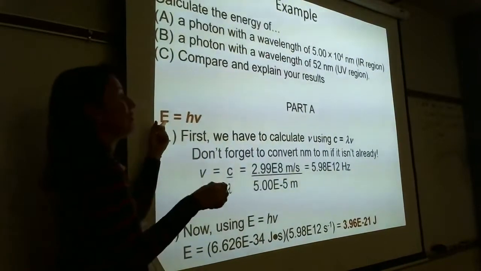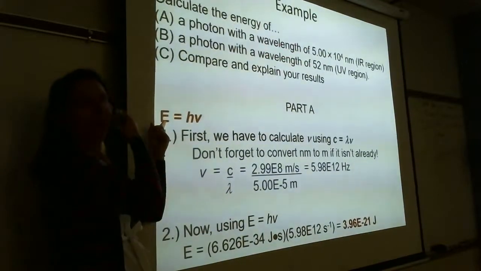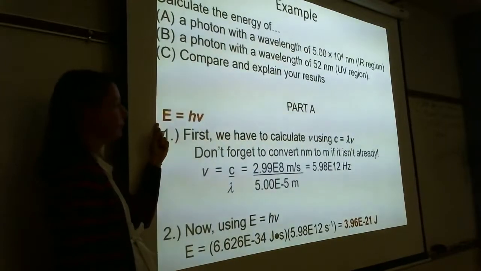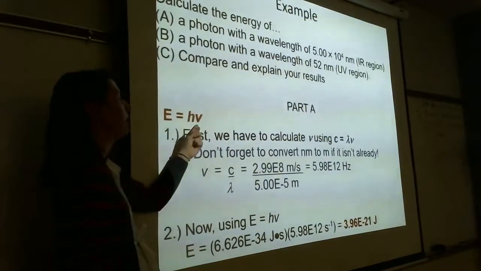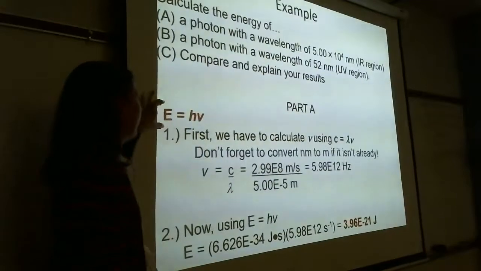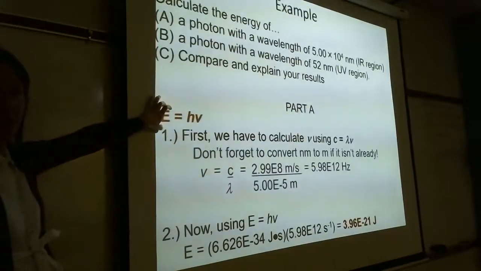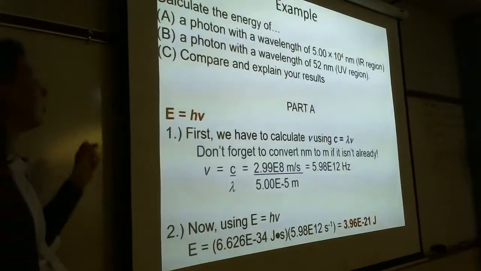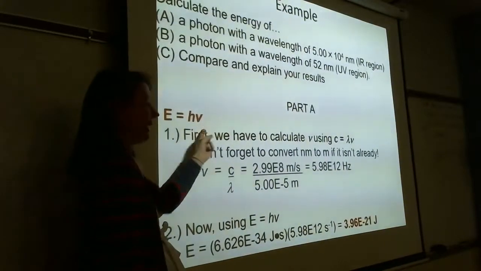But I didn't give you the frequency. I gave you the wavelength. It's inconvenient. If I want to know the energy of the photon, the first thing I have to do is calculate its frequency, because this is the equation I'm ultimately going to be plugging into. Does everyone see why this is a two-step problem? Because I have to know frequency in order to plug in to get energy.